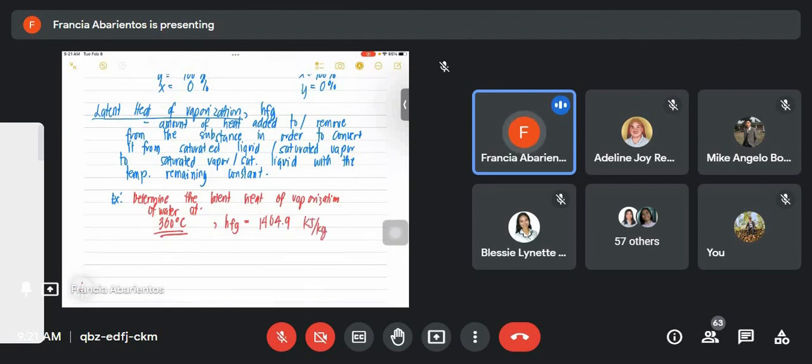Yes, that is correct. You have a lot to explore in our steam table. So, that is the latent heat of vaporization of water at 300 degrees Celsius. Any questions about the quality, class?